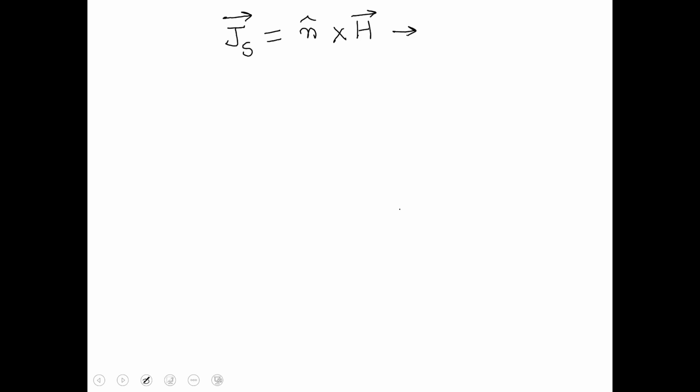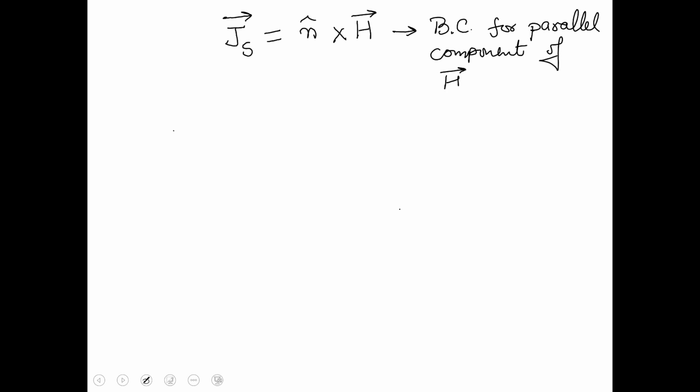This is the boundary condition for the parallel component of H.